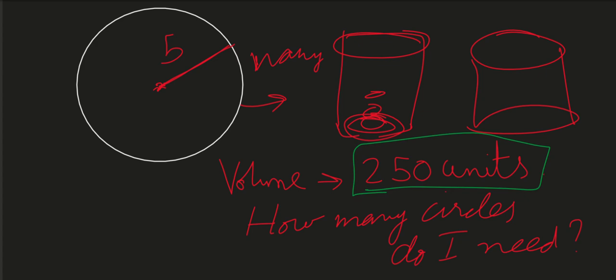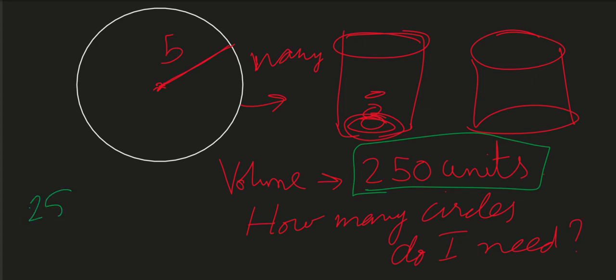So we're supposed to find the height, we have to divide the volume by pi r squared. So that's 250 divided by 25 pi, which can simplify to 10 pi. And I got my height.